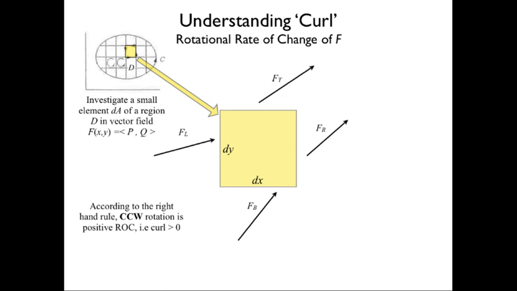All right, so now we have to figure out what is contributing here. We've got the forces at or around this little element. What's contributing to counterclockwise rotation? We're going to look at the components of those four vectors. What do we call the horizontal component conventionally?